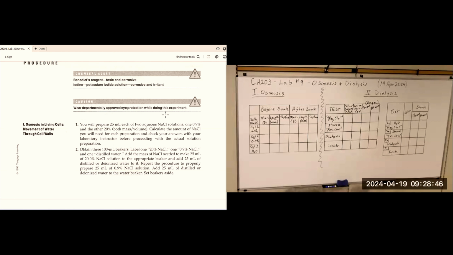I would try to work with the data. So the first thing you have to do is make up those solutions. Turn this on. And you're going to need sodium chloride, salt.